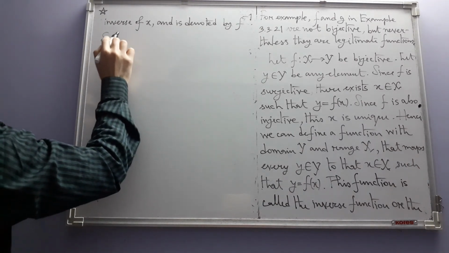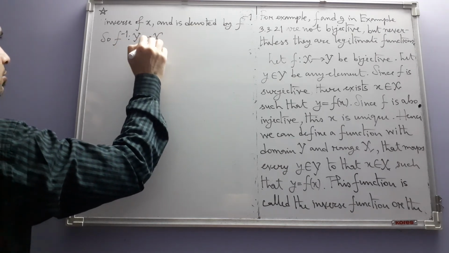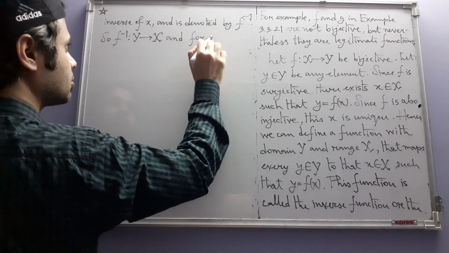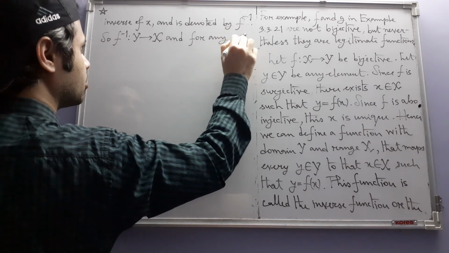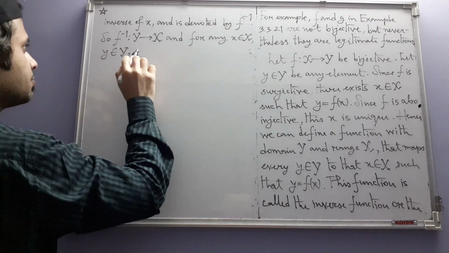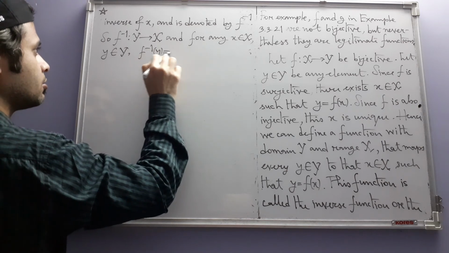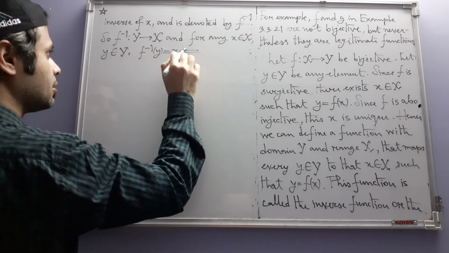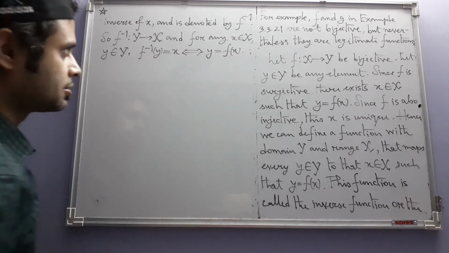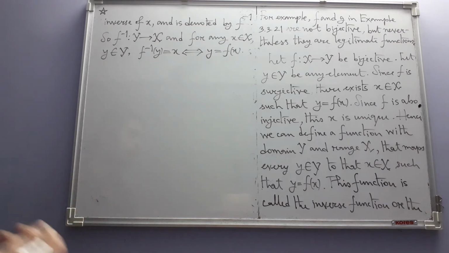So f inverse maps Y into X, and for any x belonging to X, comma y belonging to Y, f inverse(y) is equal to x if and only if y is equal to f(x). So this is the relationship between a bijective function and its inverse.